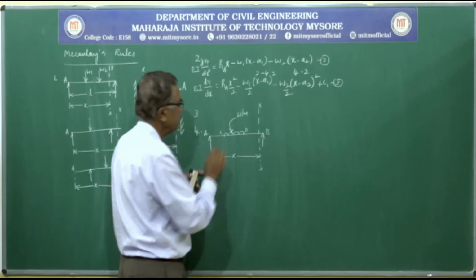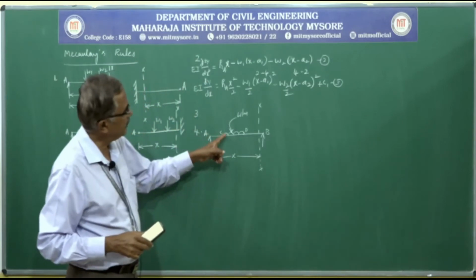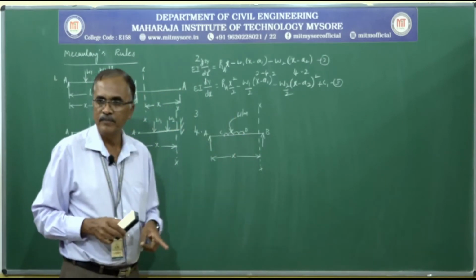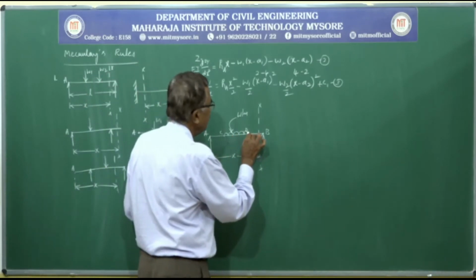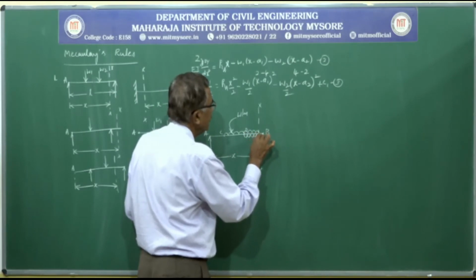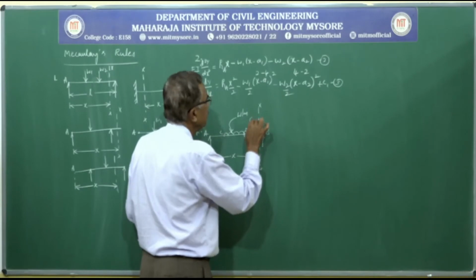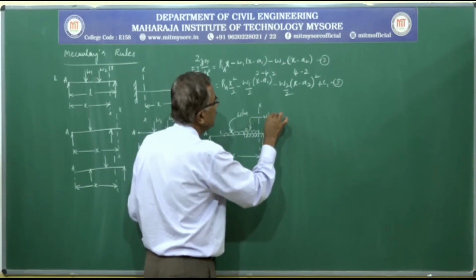Now, in this case, UDL is acting on the beam, but it is not up to the selected section. Here, we have to extend UDL in the downward direction, and also in the upward direction for the extended region of the same intensity.